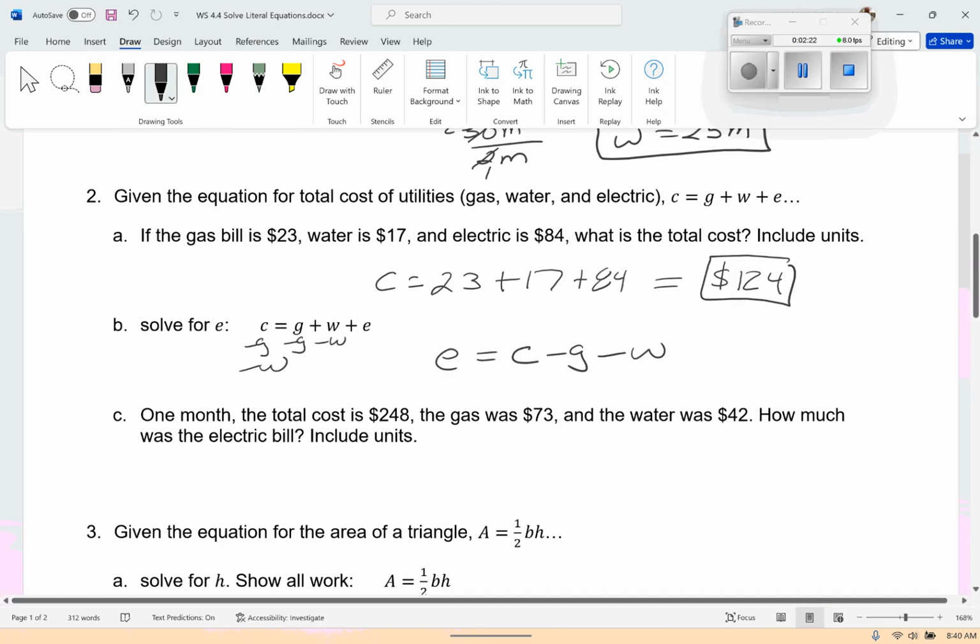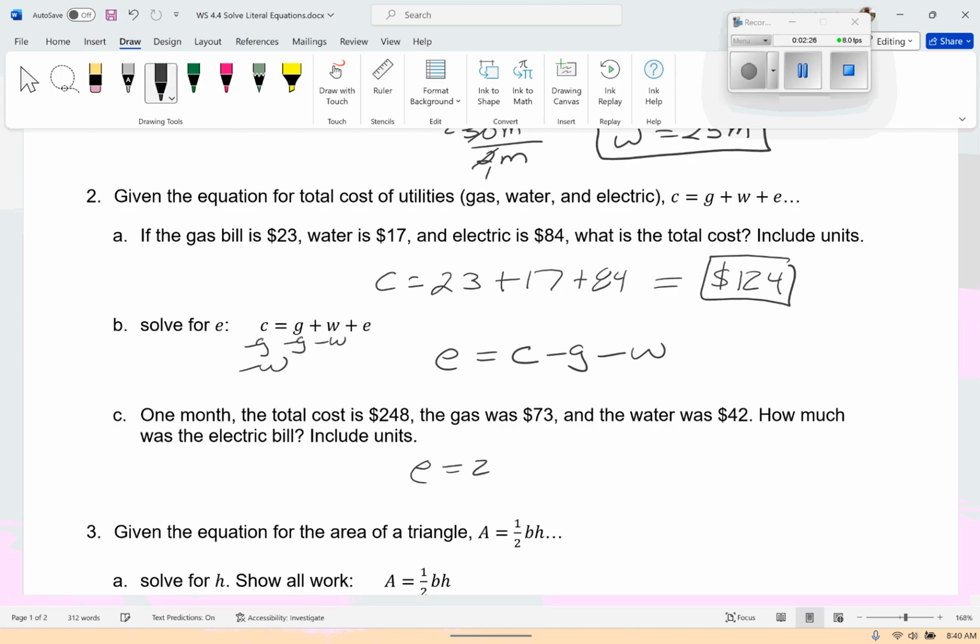In 1 month, the total cost is $248, so I'm going to try and solve for the electric. Gas was 73, water was 42. So how much was the electric bill? I'm going to go 248 minus 73 minus 42. And again, doing this on a calculator, my electric bill is $133.